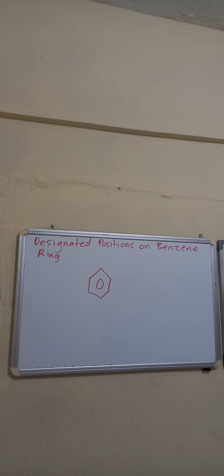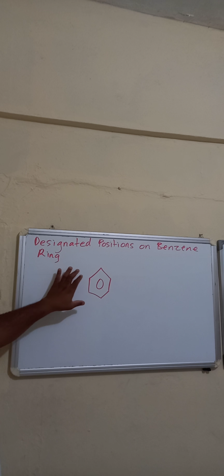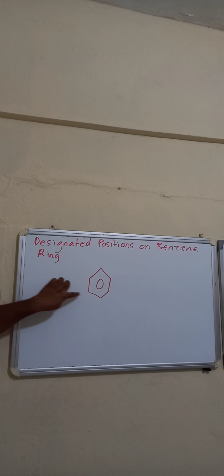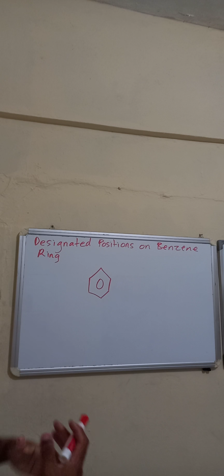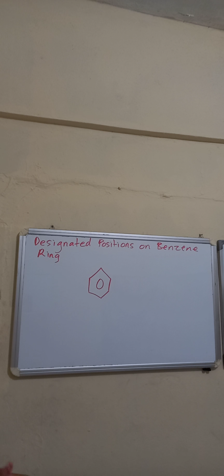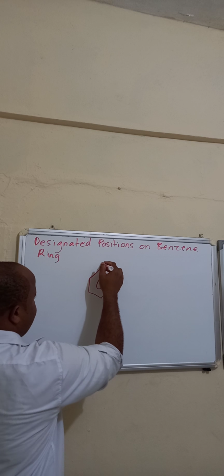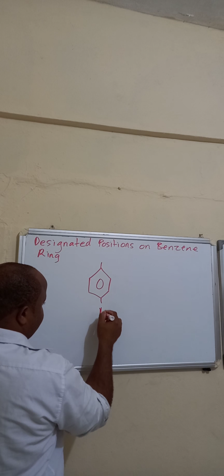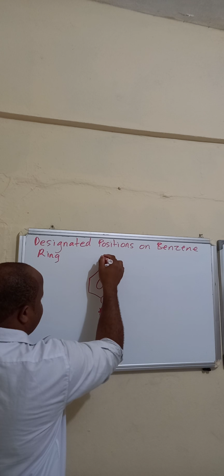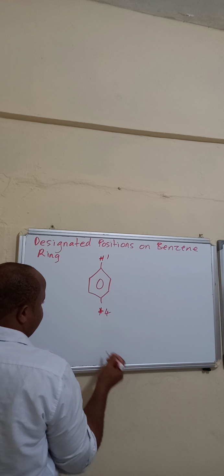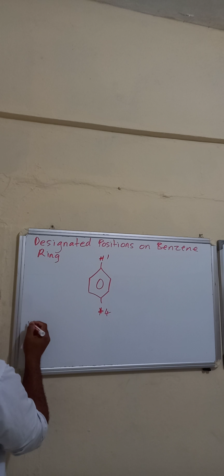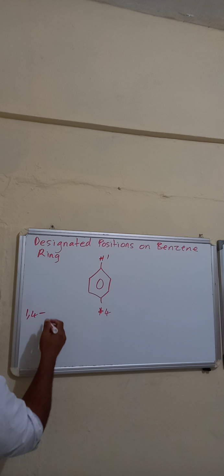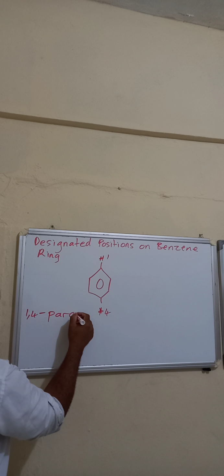Now the next thing we're going to look at about the benzene ring is that each carbon on the benzene ring is given a particular name. So carbon number 1 and 4, those are termed para.